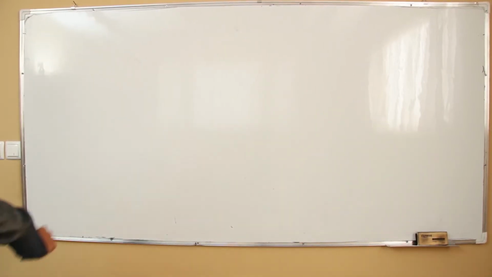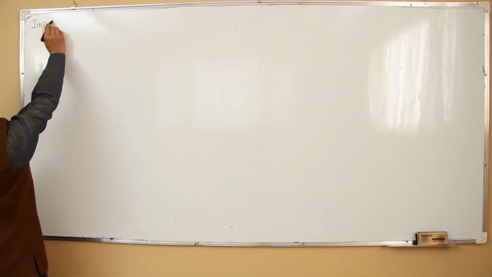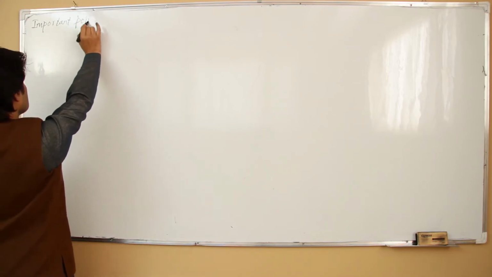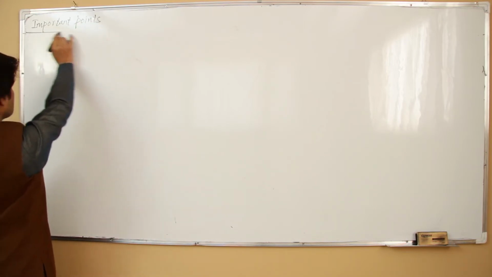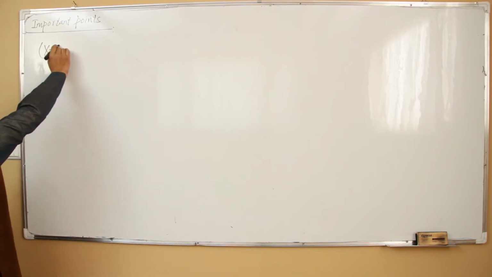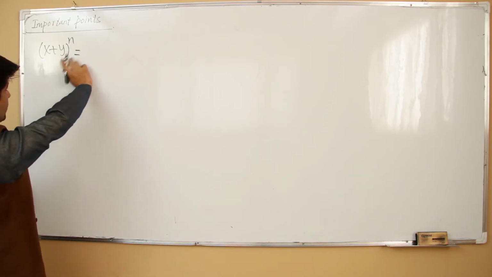By the way, some important points. You have to know in binomial expansion: if you have x plus y raised to the power n, what is the general formula for this?